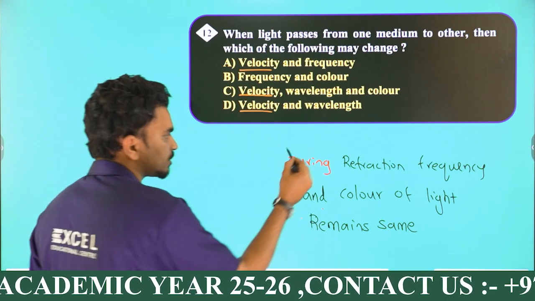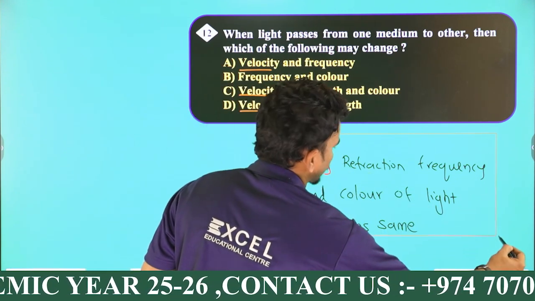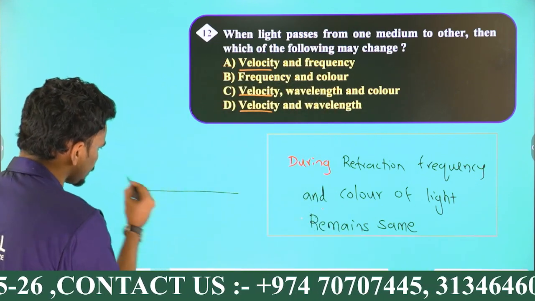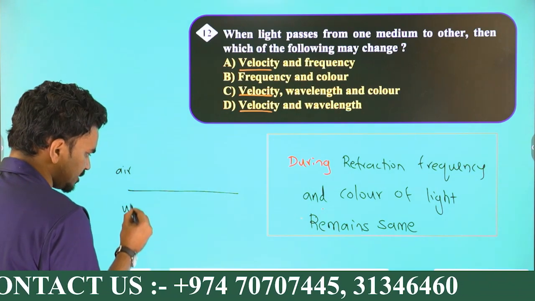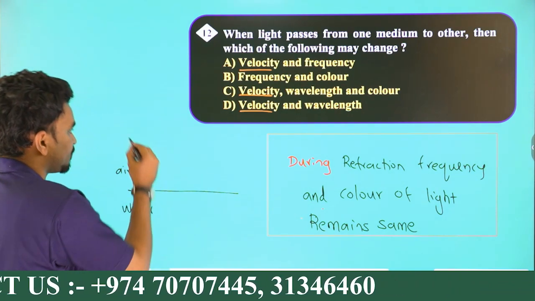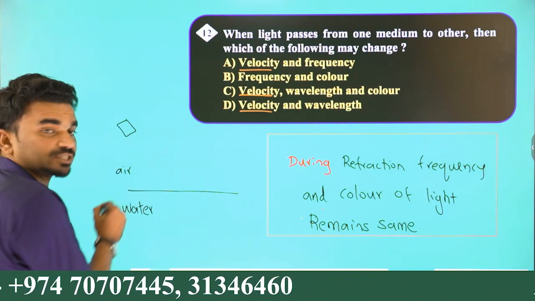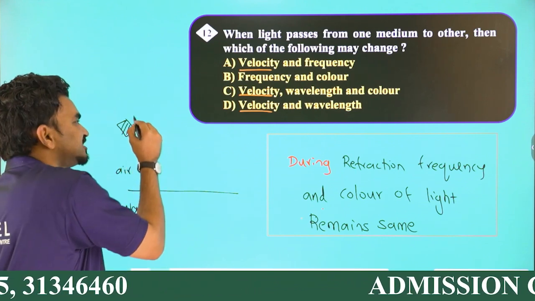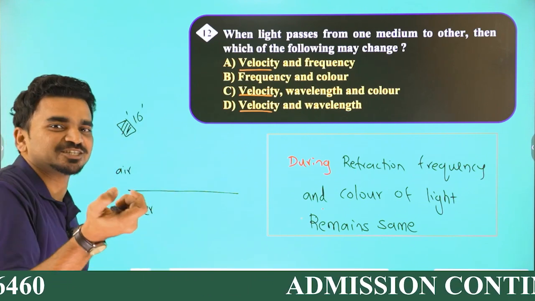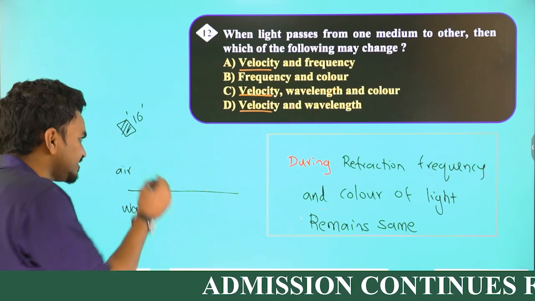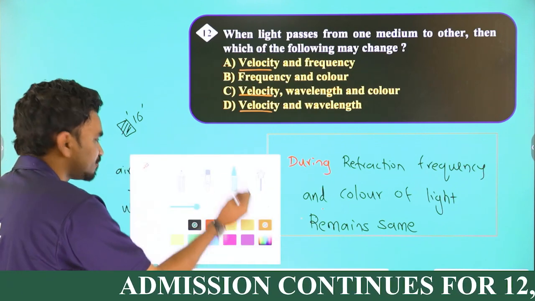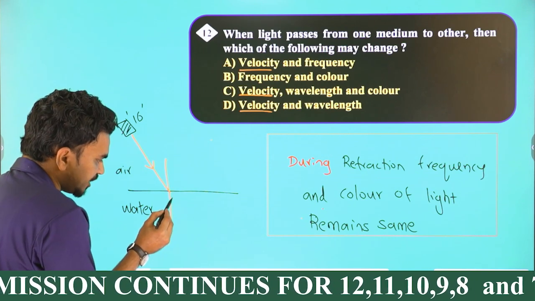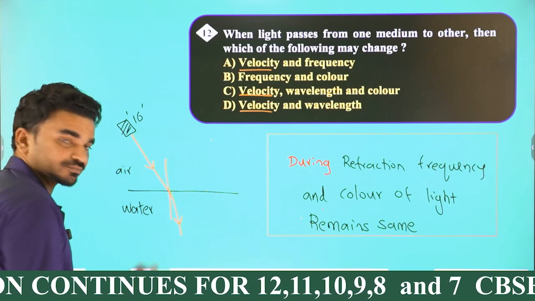Because that is a property of the source of light. For example, here is air, here is water. If I turn on a torch, or you can imagine my iPhone 16 torch, the light ray comes from my iPhone 16 to the air, then bends towards the normal.